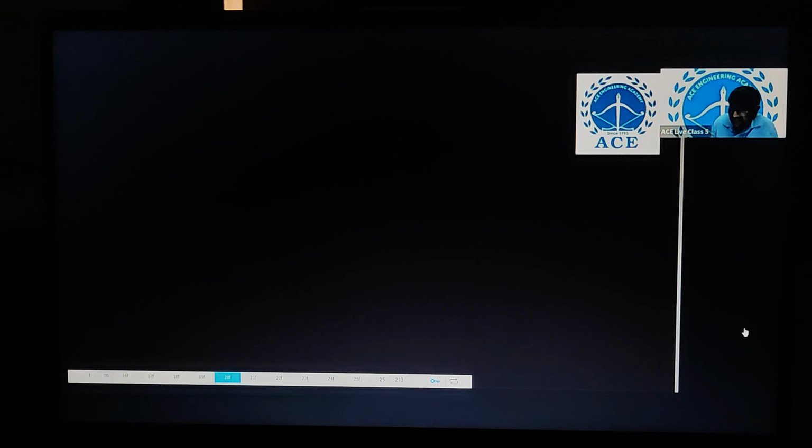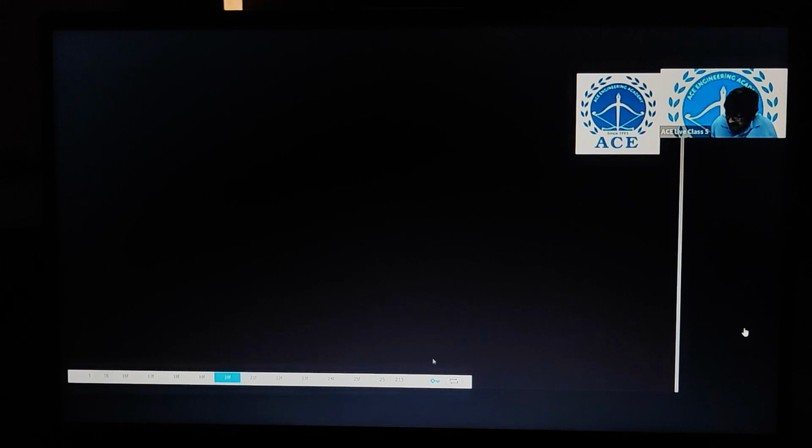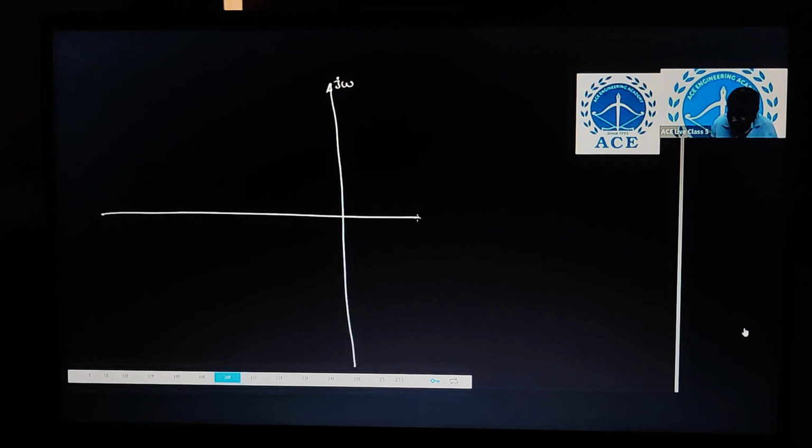Now draw the diagram. Now we calculate all the points. Draw the diagram, all of you. Represent the poles. Represent the complex poles and minus 1.